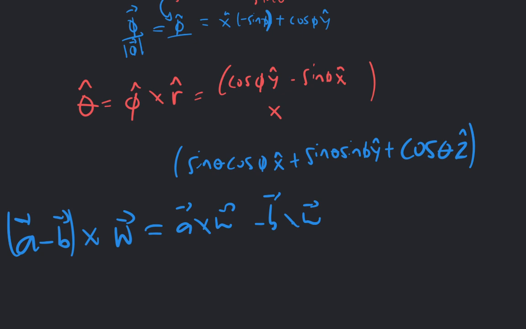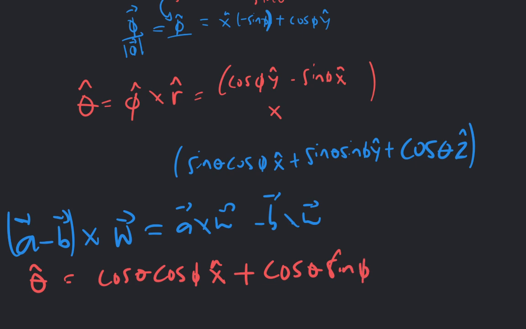And when all is said and done, theta hat is equal to cosine theta cosine phi x unit plus cosine theta sine of phi y unit minus sine theta z unit.